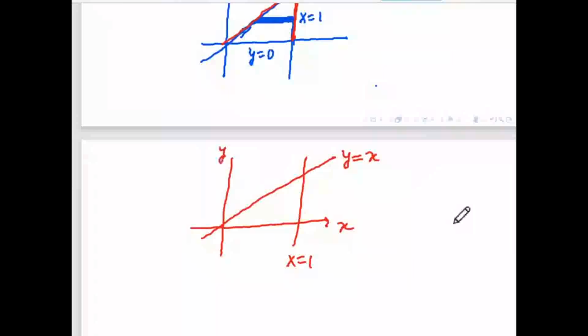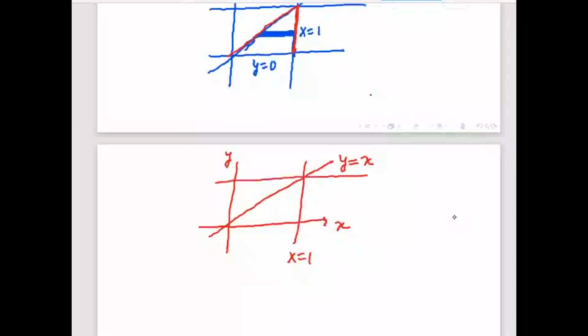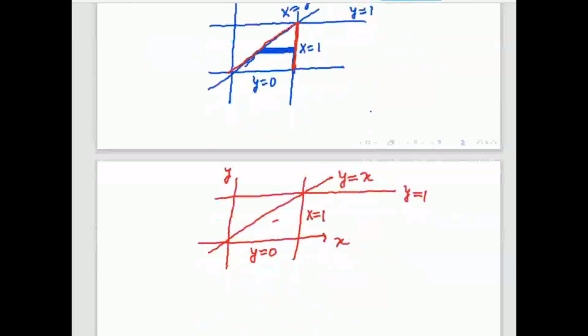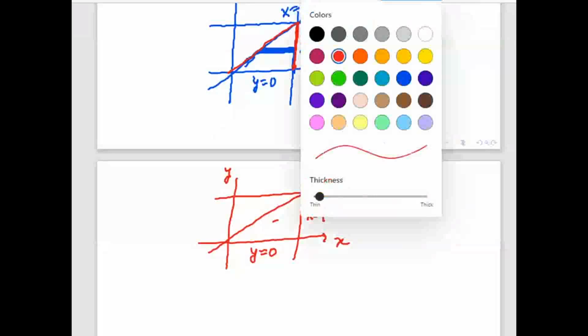So this is the x-axis, this is the y-axis. This is y equal to 1, this is y equal to 0, this is x equal to 1. So the same picture I draw, based on this limit, first I draw this picture and this is the region. So this time I will take a vertical strip.